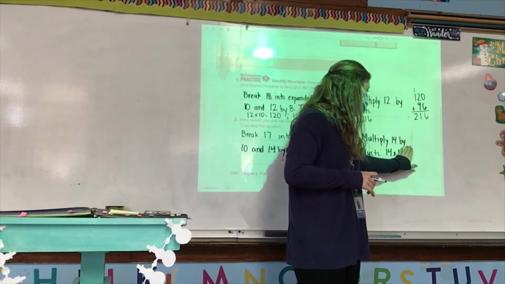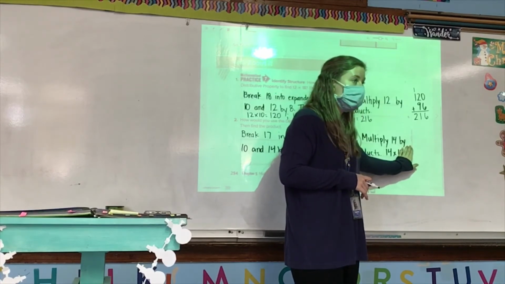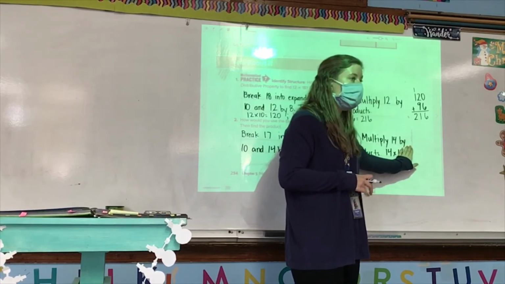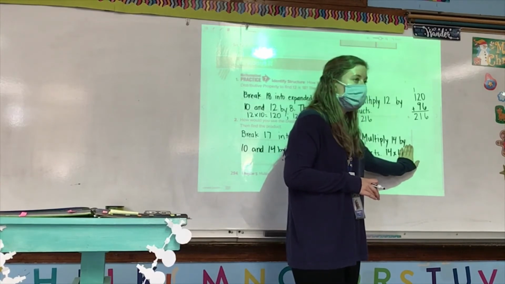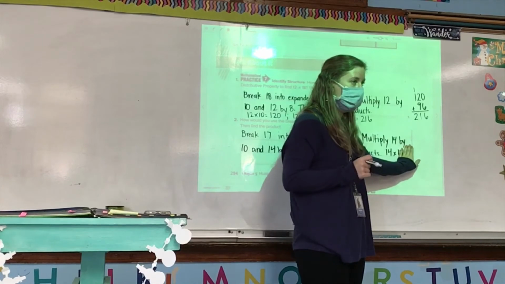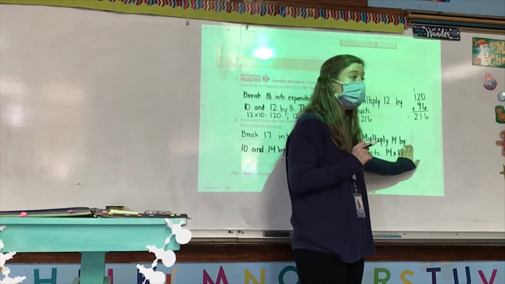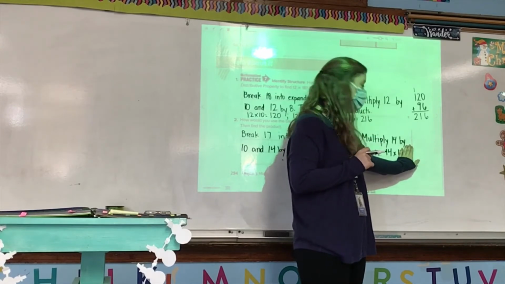Cover up the 0, and what do we have? 14. We're only covering up the 0. What do we have left? Look at the whole problem. Come on, this is like yesterday. Cover up the 0. Use your finger to cover up the 0. What do you have left?